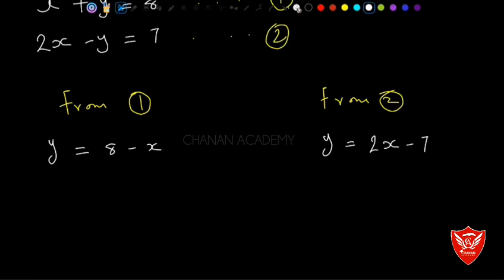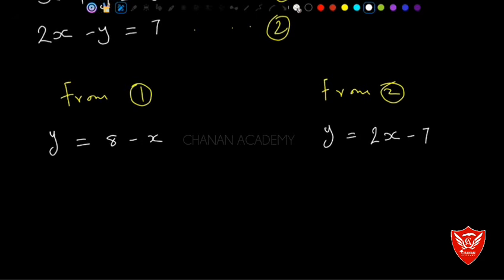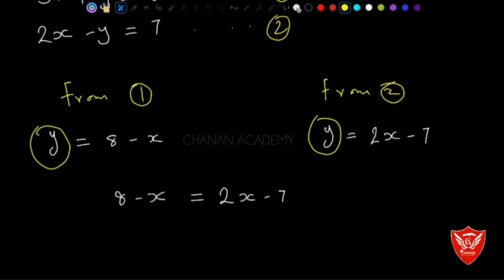In the first equation, y is equal to 8 minus x. In the second equation, y is equal to 2x minus 7. So in the comparison method, we equate the right-hand sides of both equations. So we're going to have 8 minus x equal to 2x minus 7, since the left-hand sides are both the same: y is the same as y.